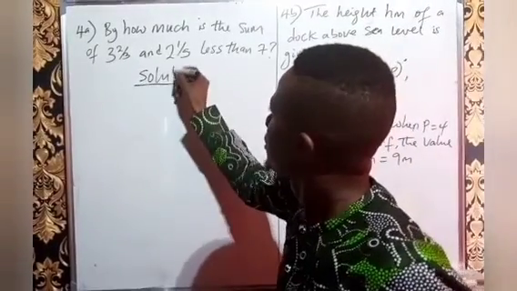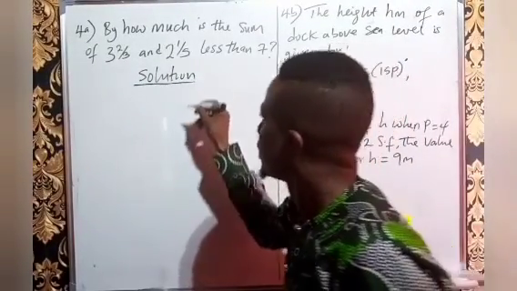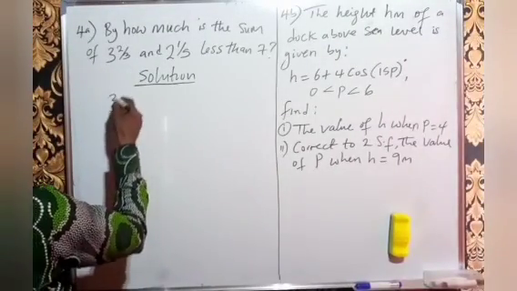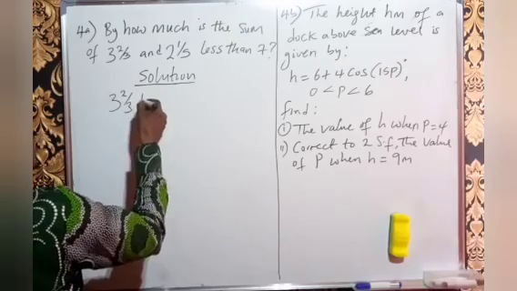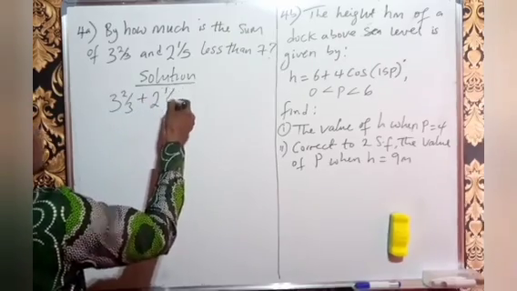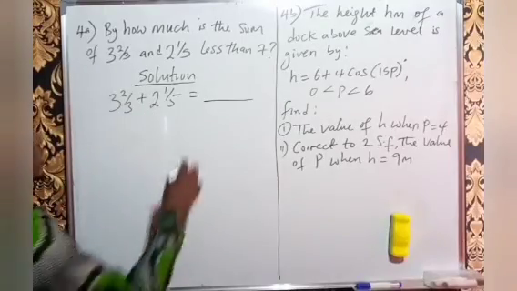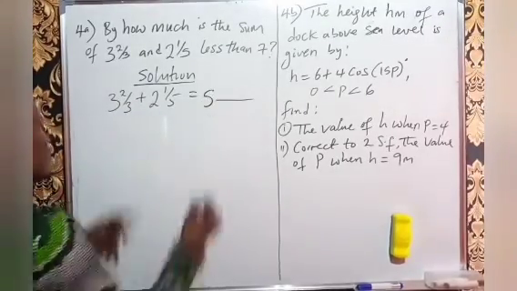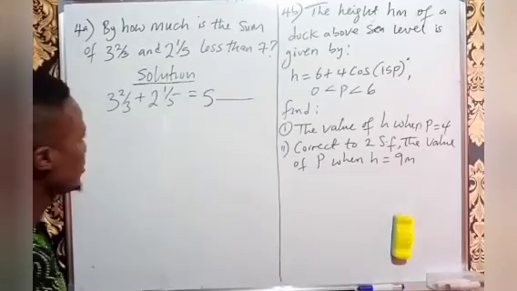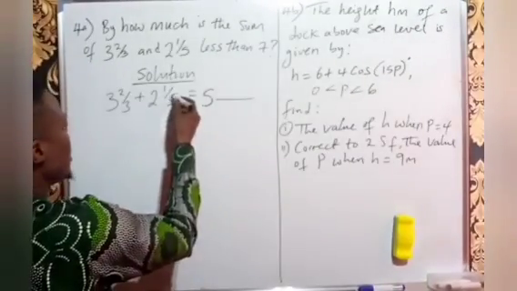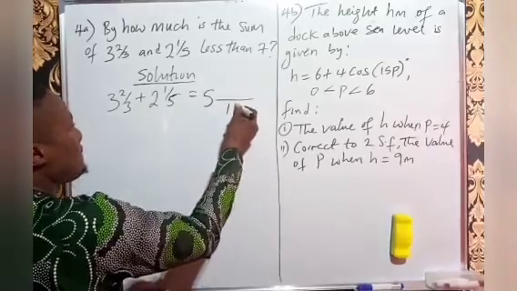So, solution. The sum of this and this, let's add up. When you have 3 whole number 2 over 3 and 2 whole number 1 over 5, whole number plus whole number gives us 5. That is 3 plus 2 giving us 5. The LCM of 3 and 5 here is 15, of course.